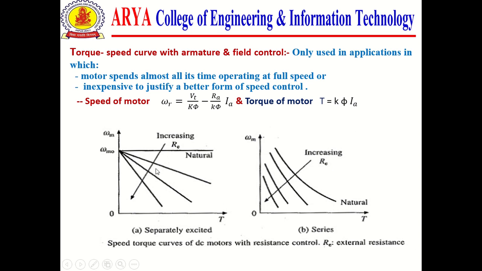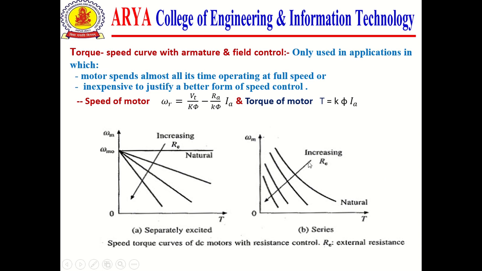If we add the values R1, R2, R3, the speed decreases, but the value of torque remains constant. But in the case of a DC series motor, it is the same. If the resistance is added in series with the armature windings, the impact on the torque and speed curves is shown in this manner.